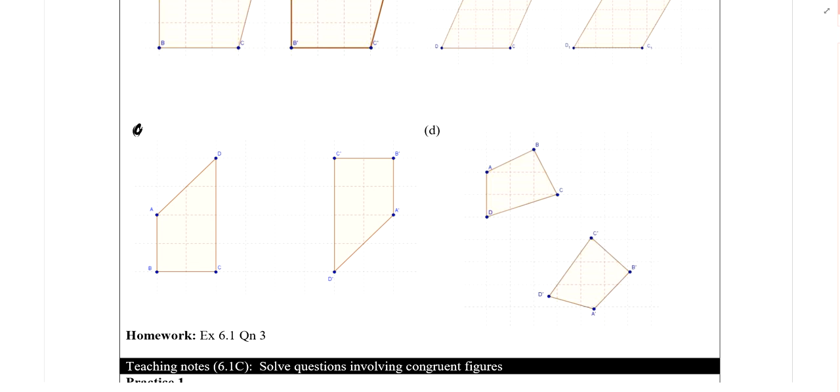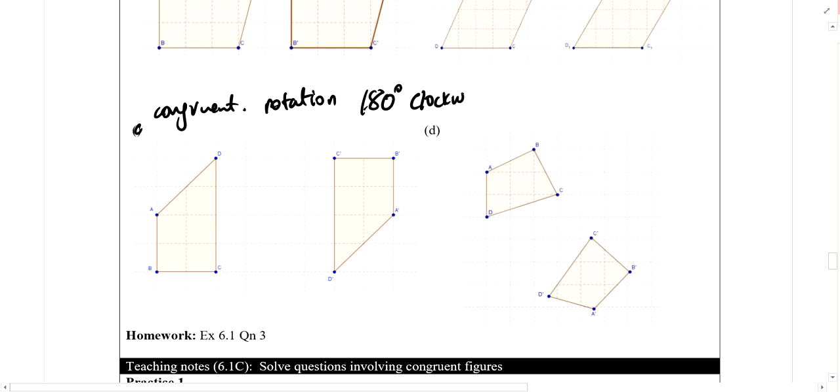Congruent. What is this transformation? Rotation. How many degrees? Rotation by 180 degrees clockwise. Or you can say anti-clockwise, I'll still mark you correct.